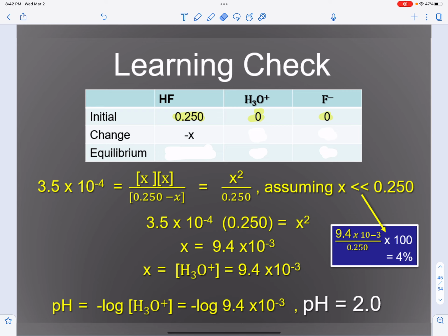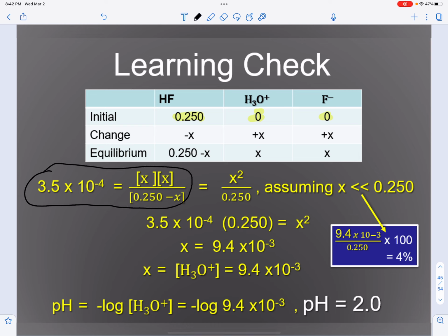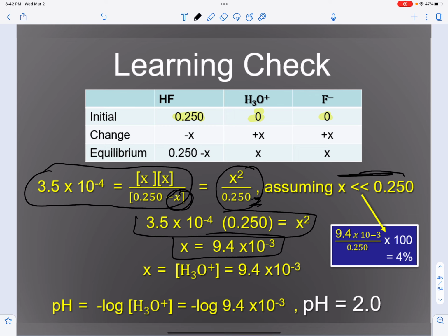It's going to go down by x, up by x, and up by x, which means the equilibrium expression is going to be like that, which will allow us to set up the expression like this. We are assuming that the x is super small, so we don't have to put it here, and we end up with something like that. We do the operation and find our x. And our x is going to be our hydronium, which is going to give us our pH.